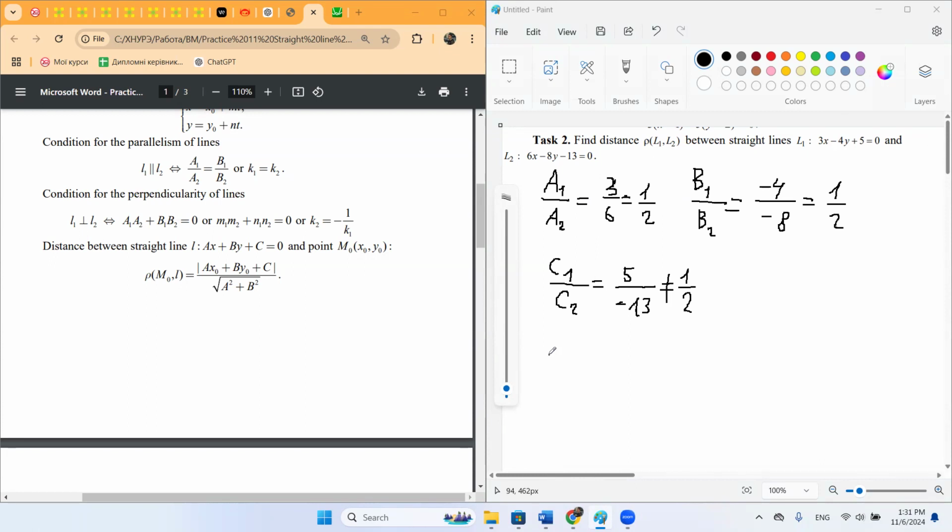First or the second? No difference for us, it won't affect the final result. Let us choose the first line. So point M belongs to the first line, and we need to find its coordinates. So we need to assign x some value and then find y, or vice versa. Okay, your suggestions.